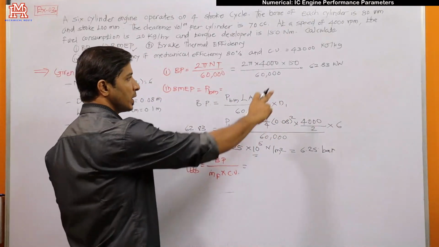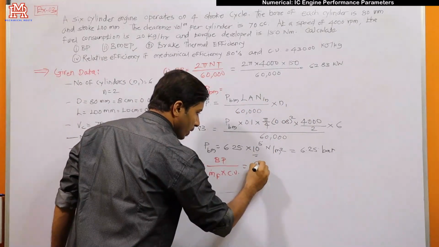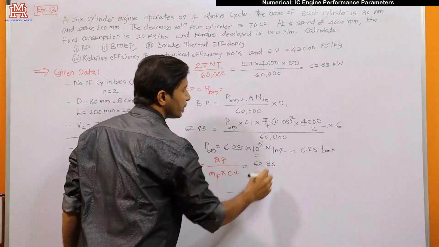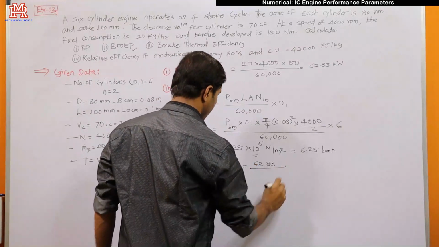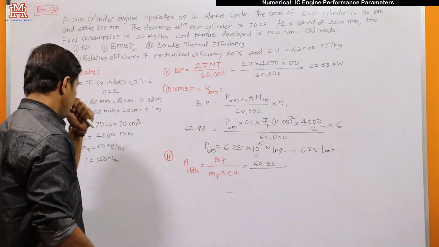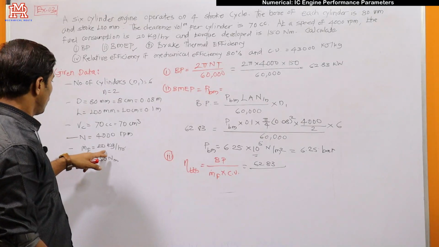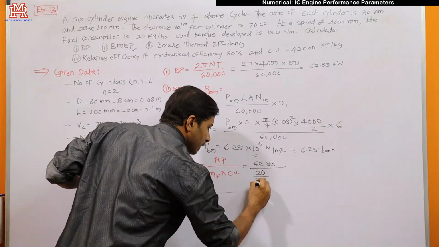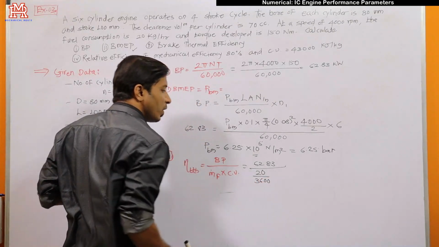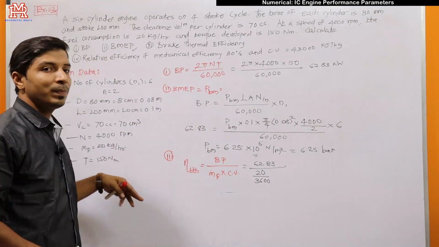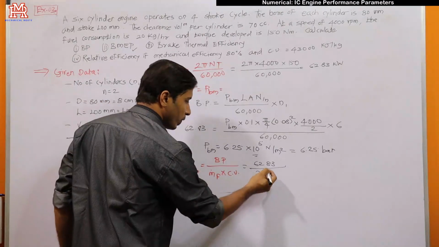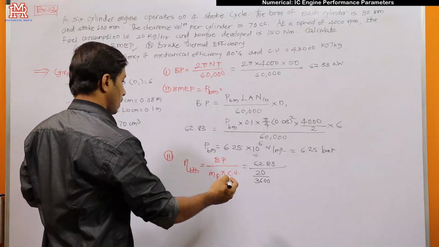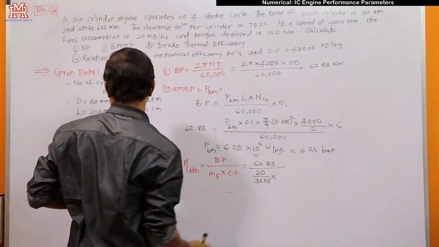So 62.83 divided by the mass flow rate, which is given as 20 kg per hour, so 20 divided by 3600, because we only use kg per second. So I have converted into kg per second, and into calorific value.